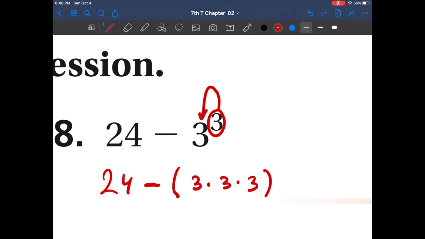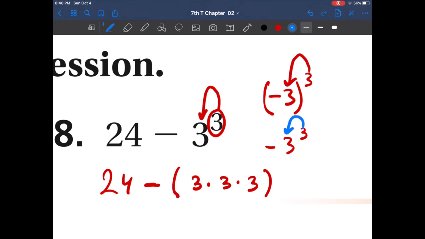That's what that's telling me. Okay? So just be careful on questions like these, because they're going to try and confuse you. There's a difference between when it's in parentheses and when it's not in parentheses. This one is telling me I have 3 negative 3's. This is telling me I only have 3 regular 3's.